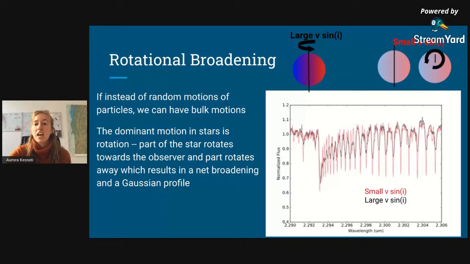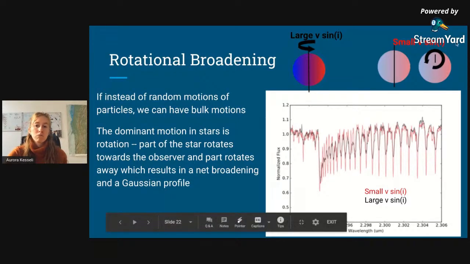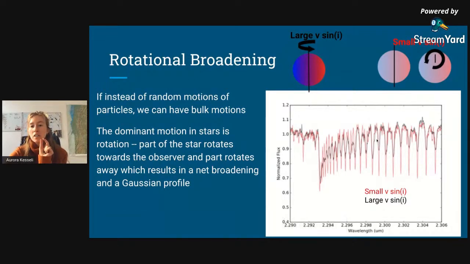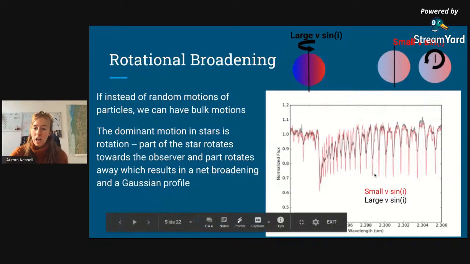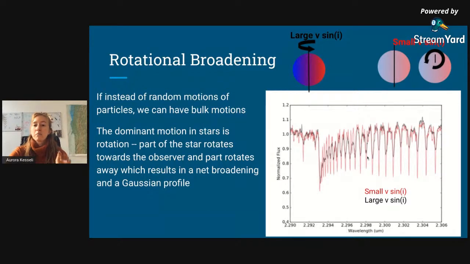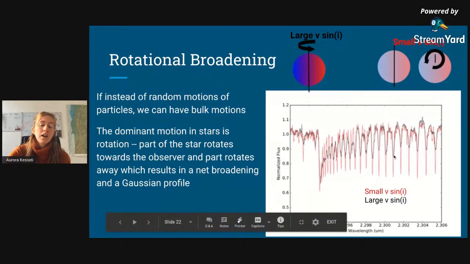You can see that the star that has a small V sine I, so either one of these two situations, has much narrower and also much deeper lines, whereas the star that has a large V sine I has much wider and shallower absorption lines. So they're not quite as deep, but they're also wider.